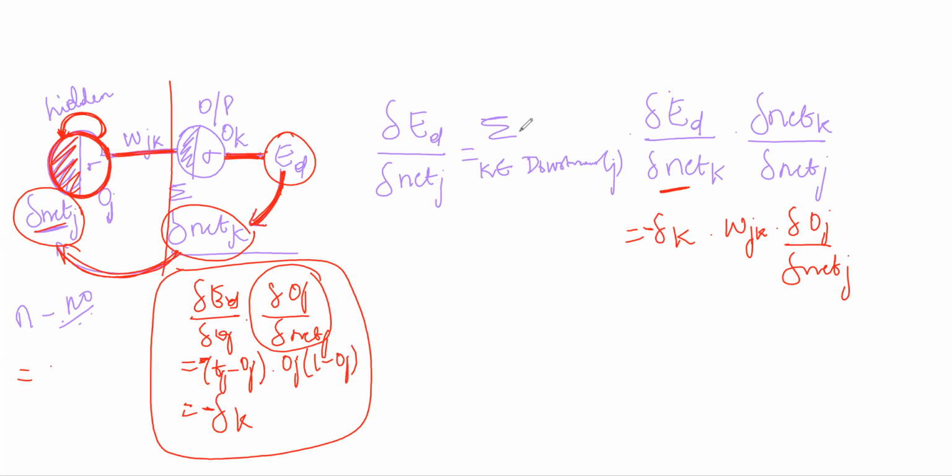What is this? The one that I have circled in purple color, what is that? Am I not representing the same? This is also delta OJ with respect to delta net J.